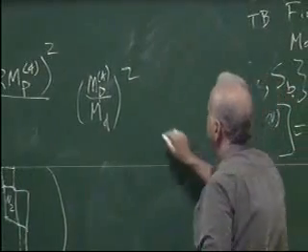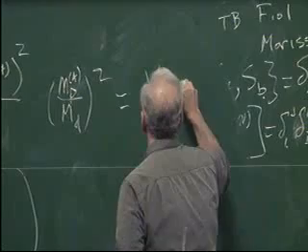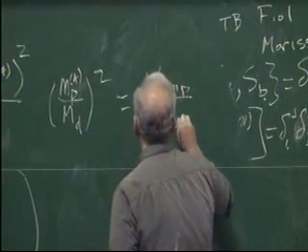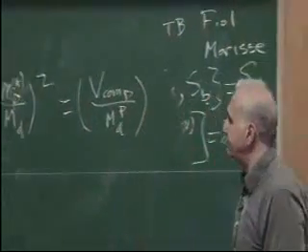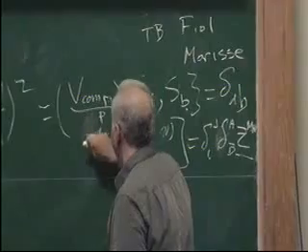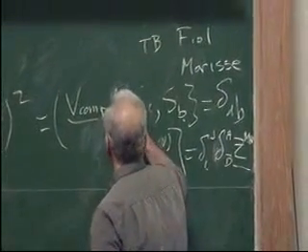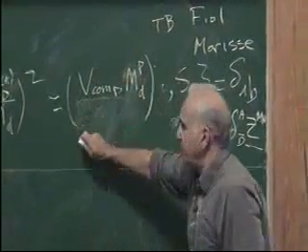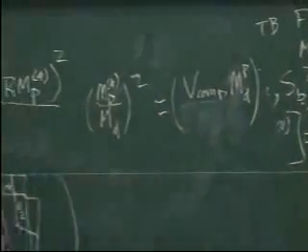This is equal to the volume of the compactified manifold in MD units, however many dimensions you've compactified. And this is LD. So this is times MD. You saw this formula in Miriam's lectures, for example.